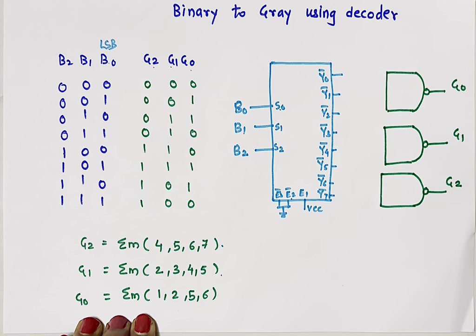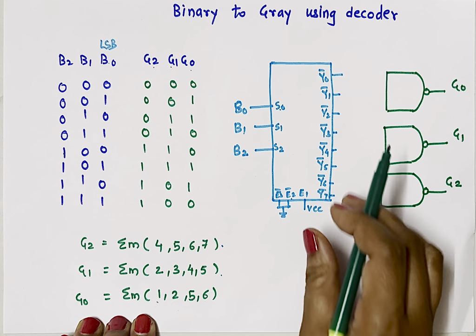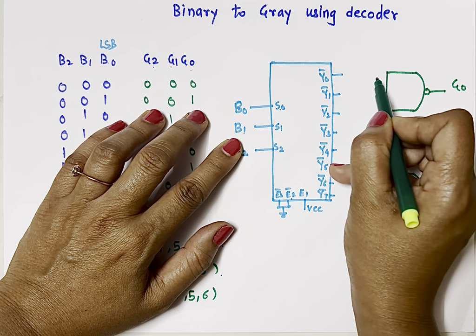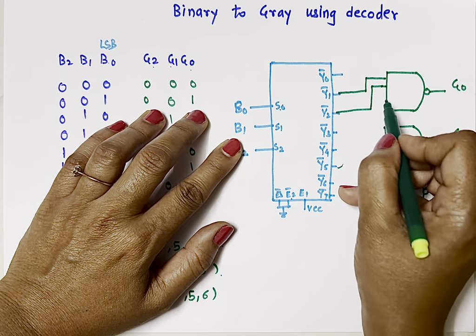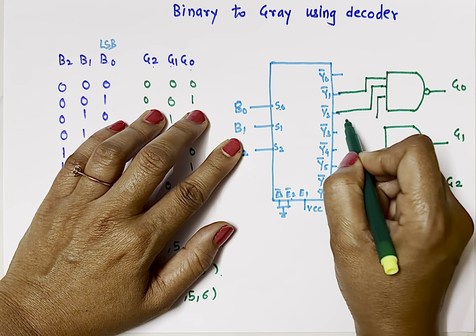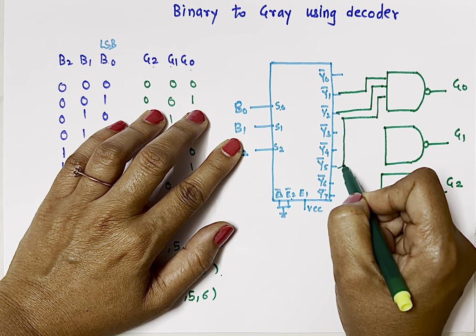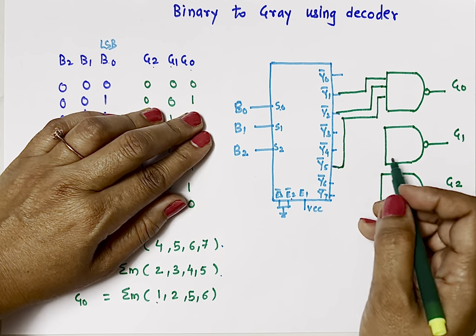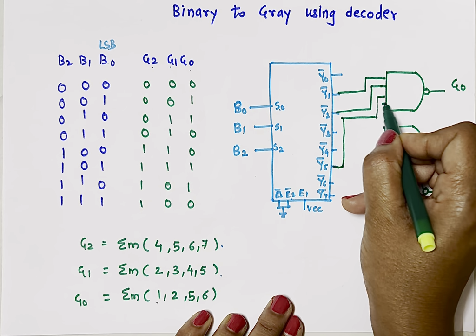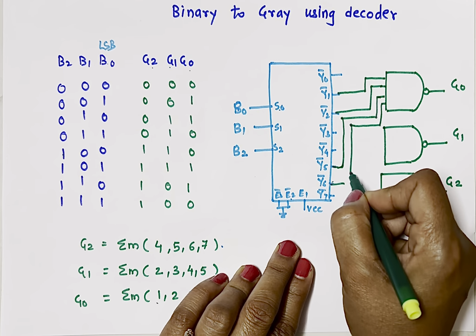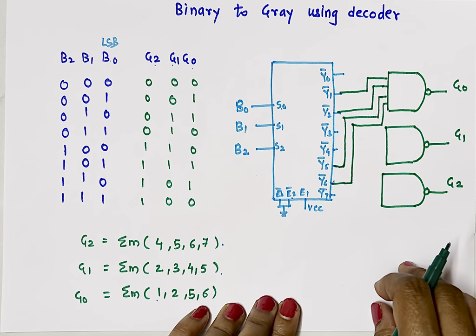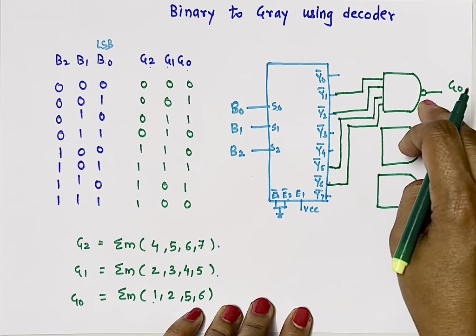For G0, the inputs are 1, 2, 5 and 6. So here I'll take 1, 2, 5, and then next is 6. And here I'll get G0. For G1, 2, 3, 4, 5.